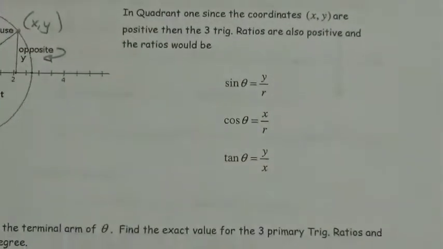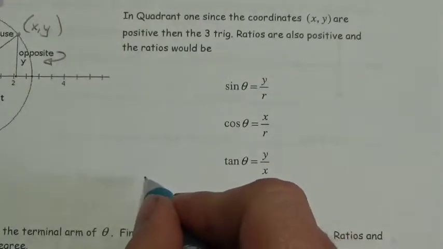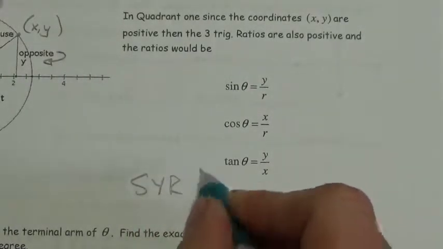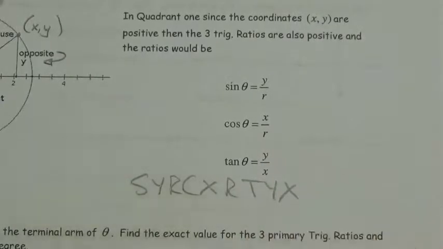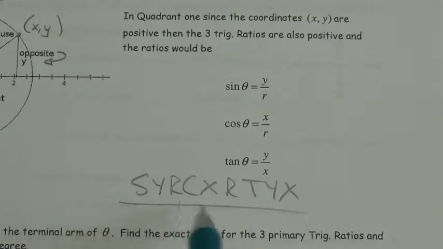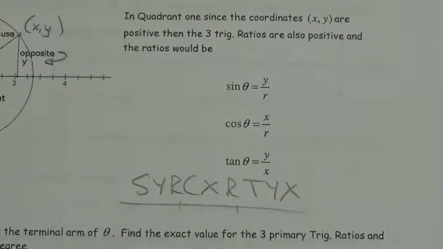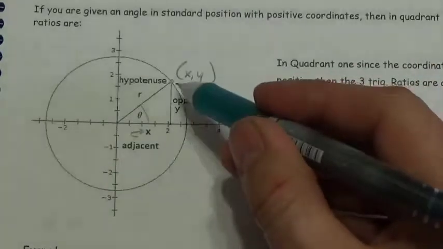So now, instead of the original SOHCAHTOA, you get this. Anyway, it's still SOHCAHTOA. It's just that opposite is now replaced with y, and there's a deeper meaning there: we're talking about the y coordinate of a point on the terminal arm.